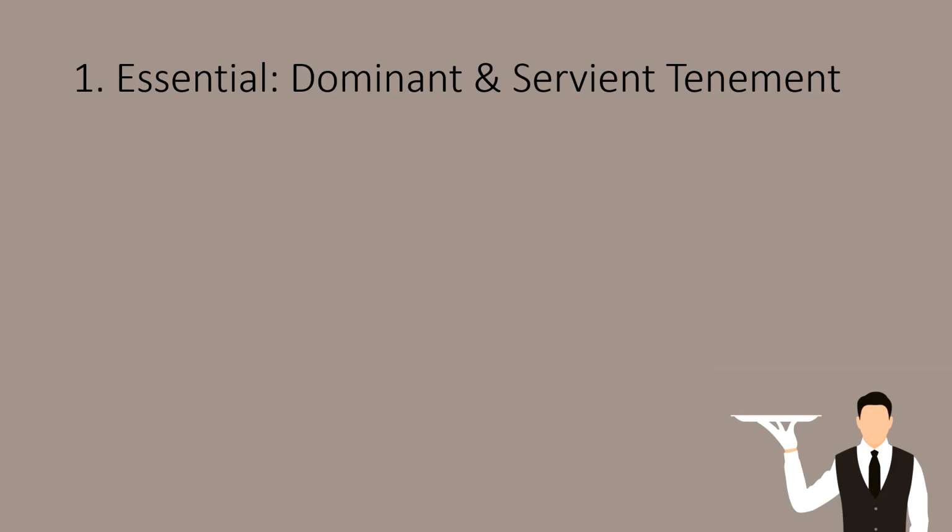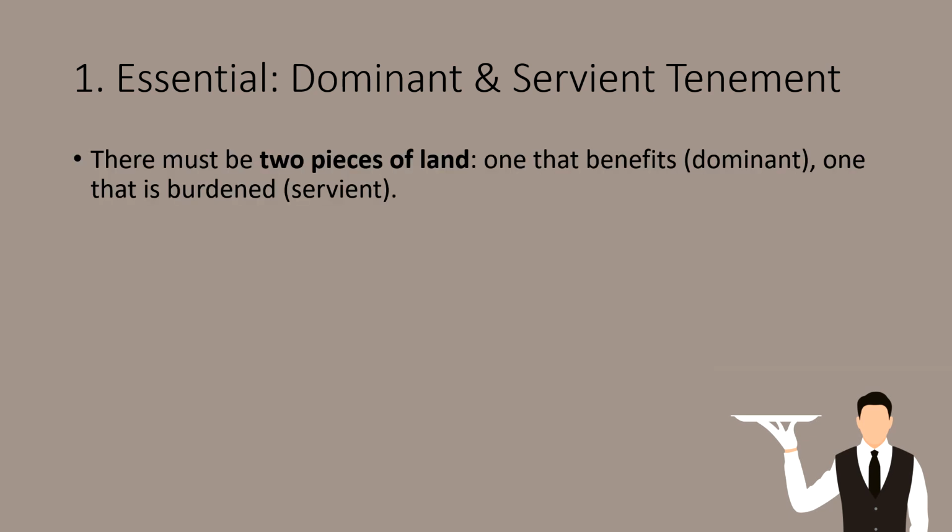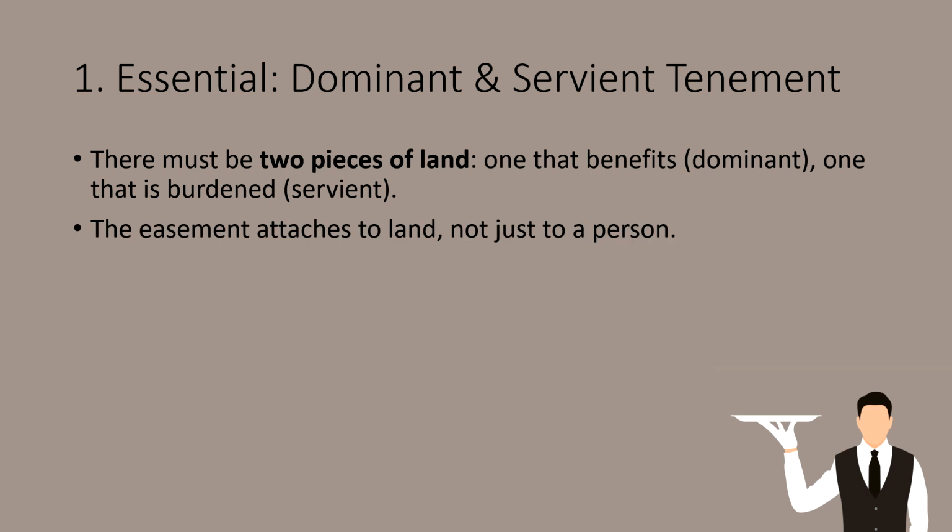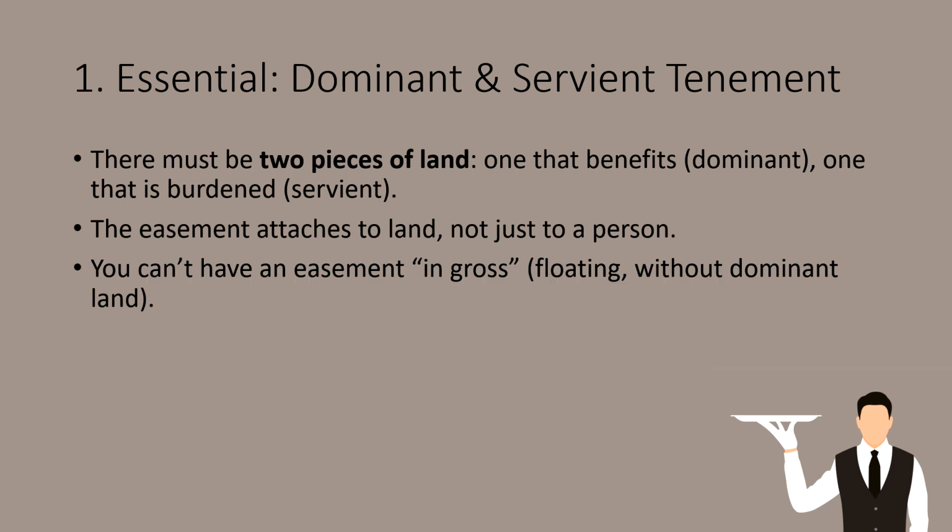So firstly, that it is the requirement that we need a dominant and servient tenement. As we said before, this means that we have one piece of land that benefits and another piece of land that is being burdened. And the easement then attaches to the land rather than a person.